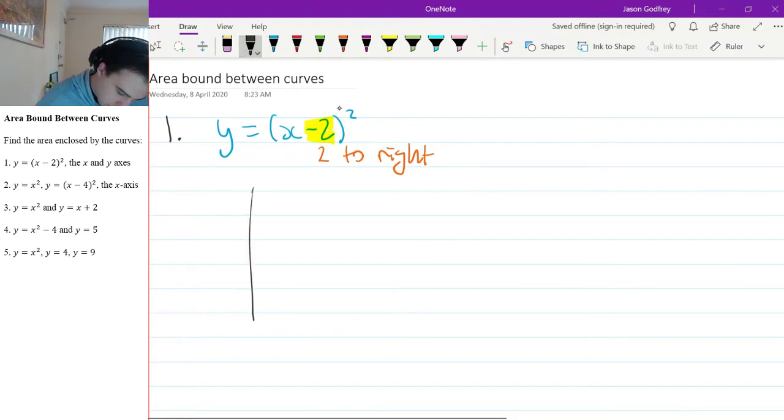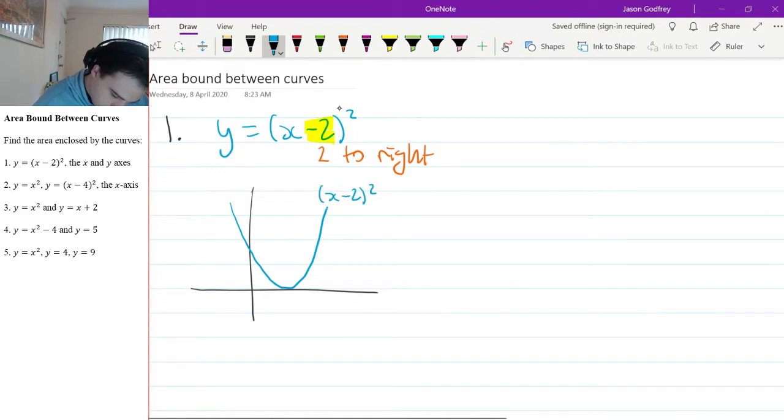So let's sketch some x and y axes. If it's a parabola, let's move 2 to the right. The vertex is going to move to 2. Down the bottom here is obviously the x-axis, and up here is the y-axis.